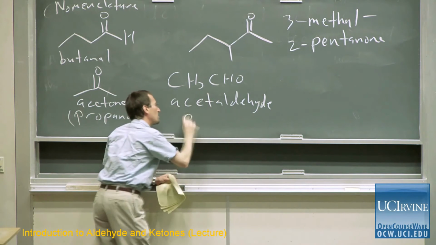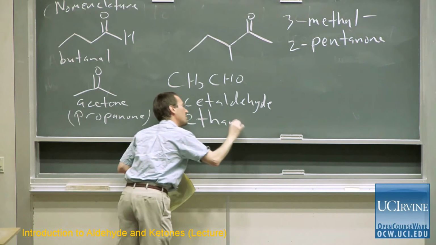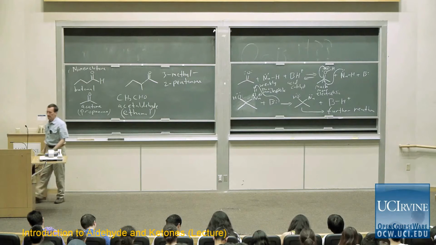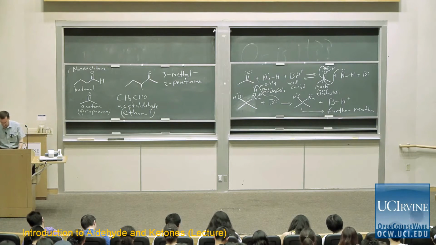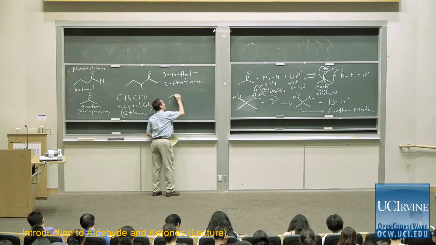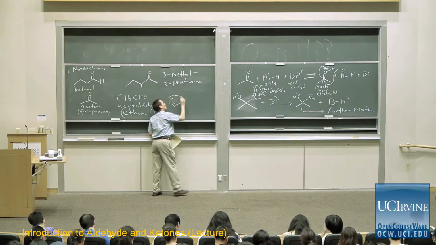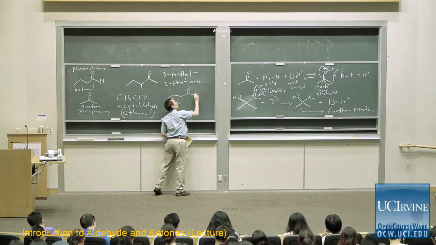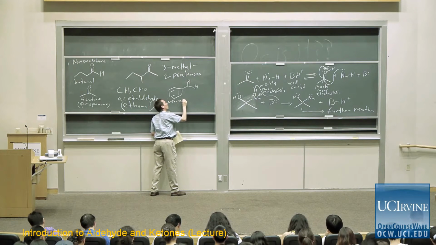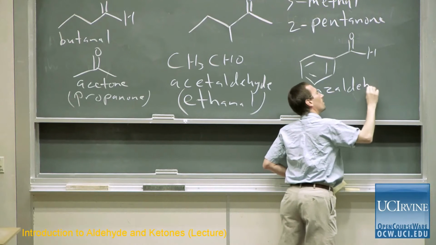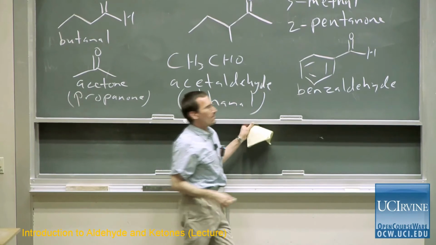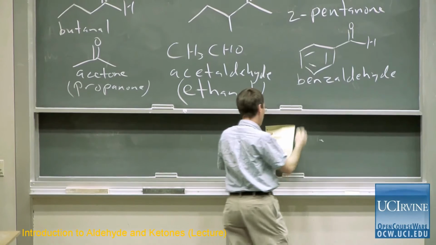And again, its systematic name is ethanal, but nobody is going to call it that unless they're naming things as a substituted version of it. This aldehyde here, benzaldehyde, even though its systematic name would be phenylmethanal.